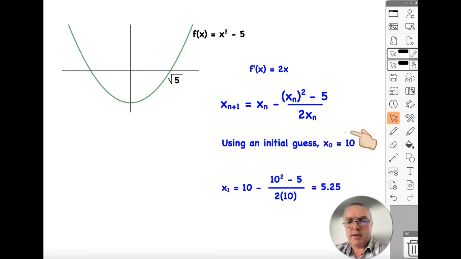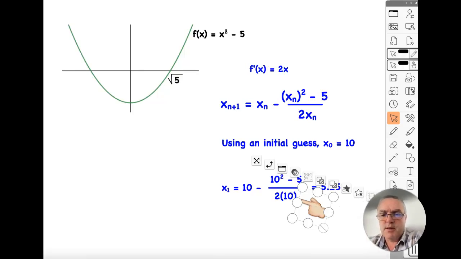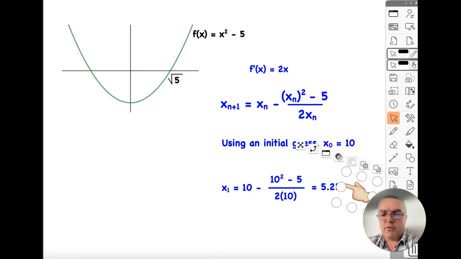I'm just pulling this out of the air. We're going to use an initial guess of 10. And 10 is in no way close to the square root of 5. So it's really quite a long way away. So when we find our next estimate, I'm going to say that x1 will be 10 minus f of 10, 10 squared minus 5, divided by the derivative when x equals 10, which is 2 times 10. And that has given me a value of 5.25.